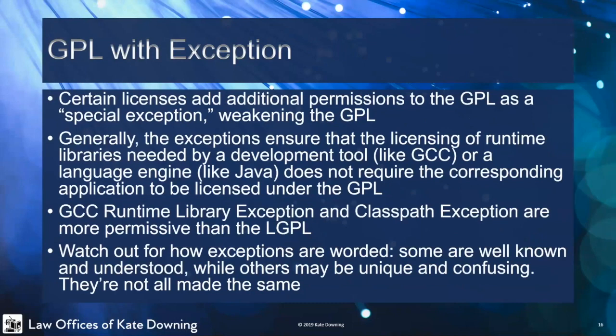Everyone kind of understands what this means. But there are new packages created all the time with their own special exceptions, and you have to read them very carefully because not all the people who are drafting these exceptions, number one, understand the GPL, number two, understand licensing. So they might draft some pretty strange language that you really have to look at ad hoc. So if you don't recognize it as one of these popular exceptions, you really have to look at it closely and you may need further advice.